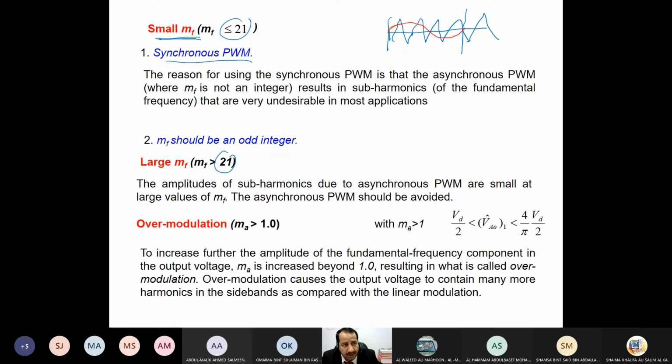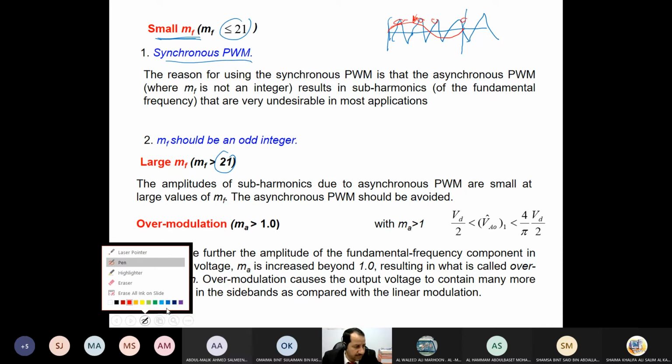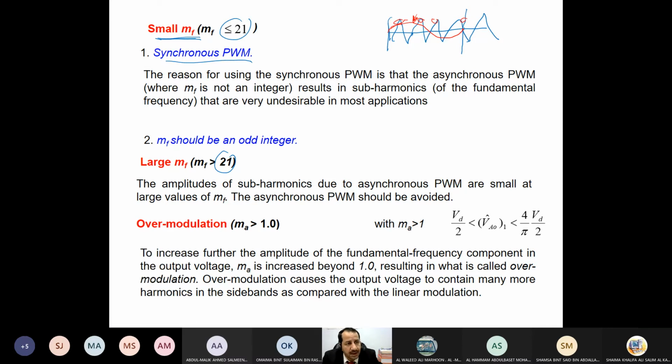They start together, one control signal equivalent to 1, 2, 3, 4 triangle signals. But let me change the color. If it starts here as an example, but finishes here, they didn't finish together, then they are no longer synchronized. We don't want asynchronization between the triangle and the control signal.